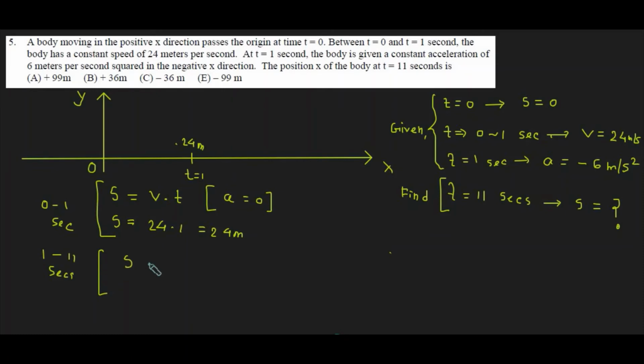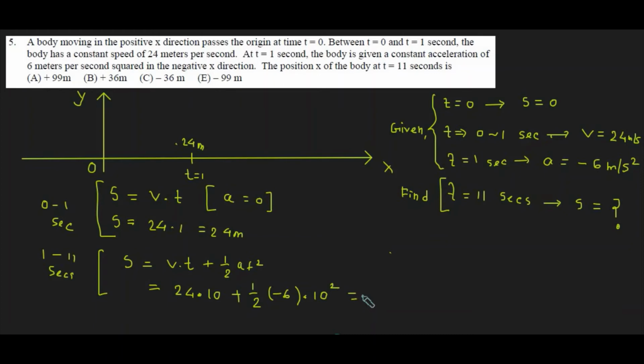So here s equals initial velocity times time t, plus half times acceleration times t square. Initial velocity is 24 times t, which is 10 seconds, because 11 minus 1 is 10 seconds, plus half times acceleration, that is -6 times t square, so it will be 10 square.